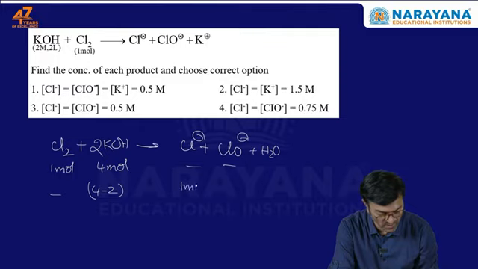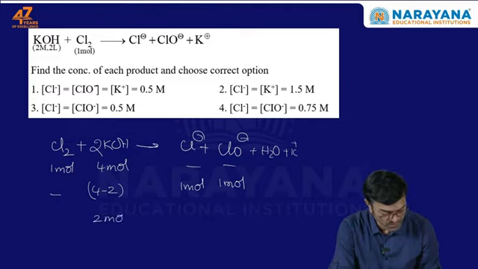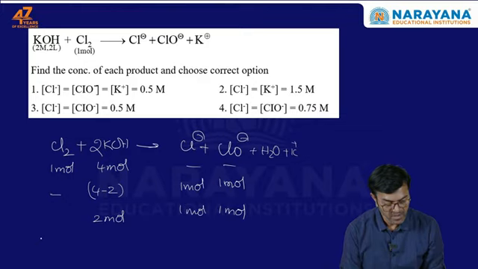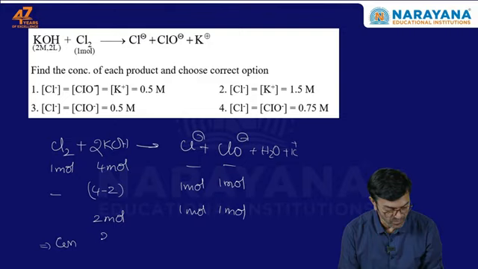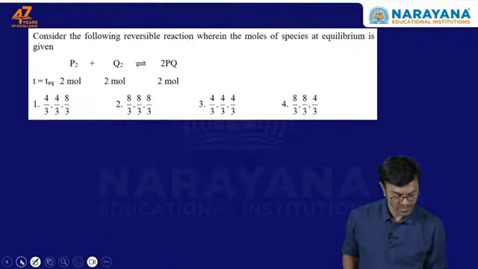Therefore, here we will be getting 1 mole, here we will be getting 1 mole, and K plus will also be 1 mole. So the leftover moles are 2, 1 and 1 mole, and the volume of solution is given as 2 liters. So concentration will be number of moles by volume, 2 by 2, 1 by 2, 1 by 2. That means it becomes 0.5. This also becomes 0.5. All right.